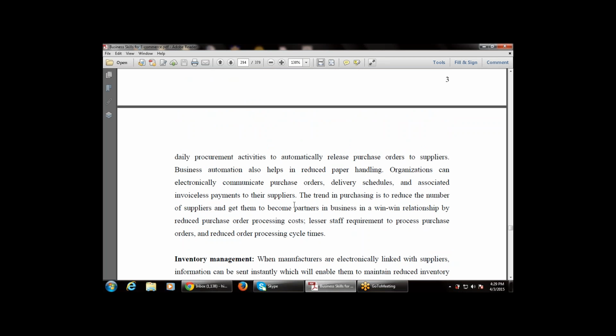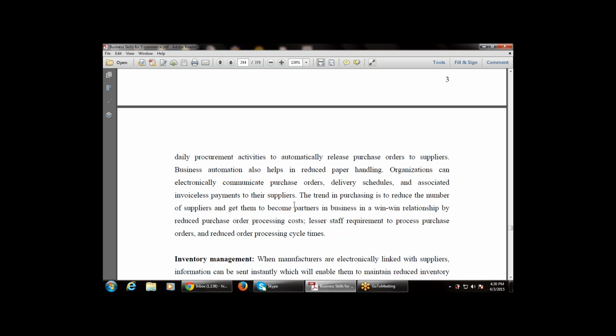This is one of the main logistics functions that must be taken care of in the organization. Organizations can electronically communicate purchase orders. Everything is done electronically, with the use of the internet, whether it is to purchase the order, to deliver the schedule, or to send the invoices or the payment to the suppliers.